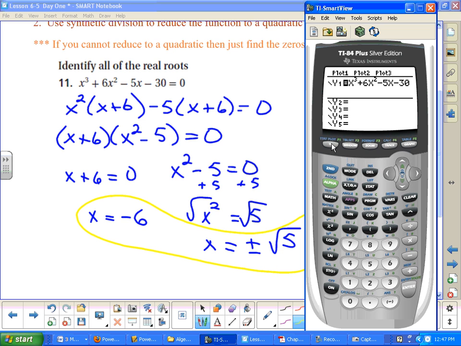I'm going to show you how to find those zeros that are not nice numbers, or not integers anyways. How many of you know how to use your calculator to find intersection points? All right, great.